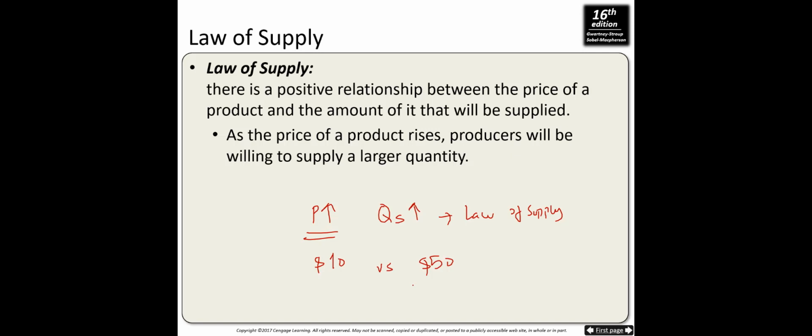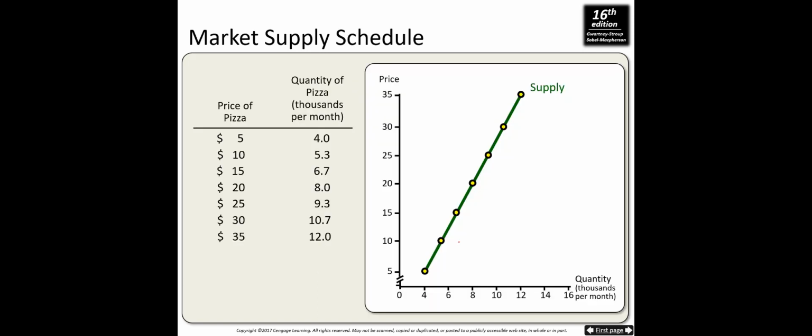So maybe you'll start tutoring not only on weekends but evenings and anytime you have time, and you can find a buyer at $50. As you see, when the price increases, it becomes more profitable to produce. Therefore, suppliers prefer to supply more to the market. That is called the law of supply.